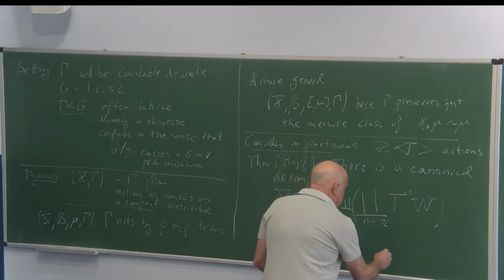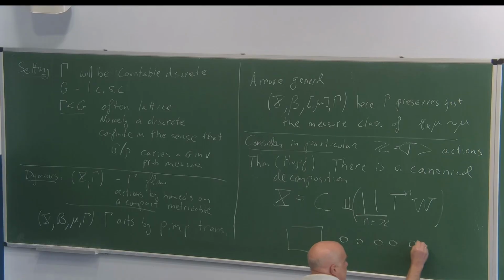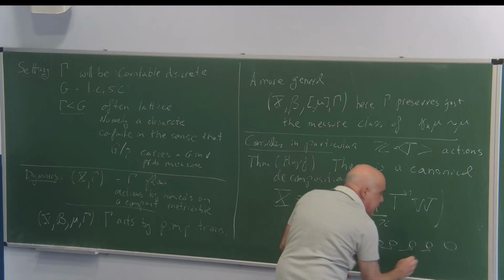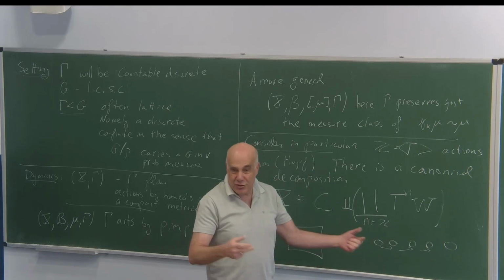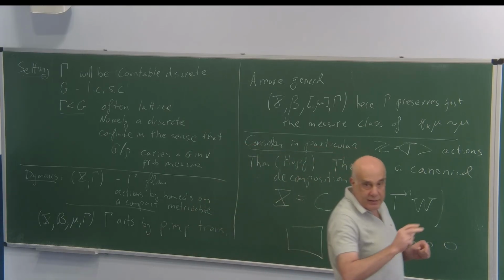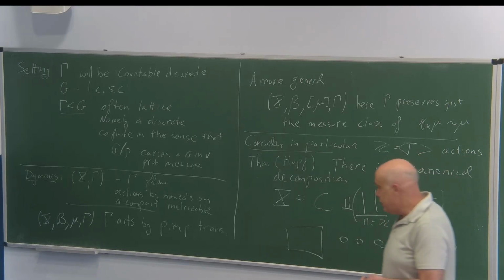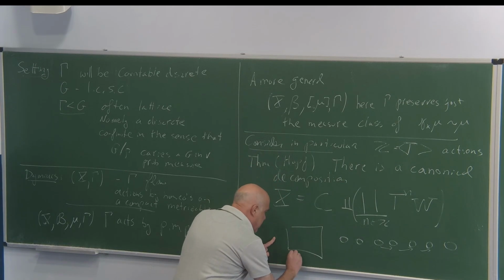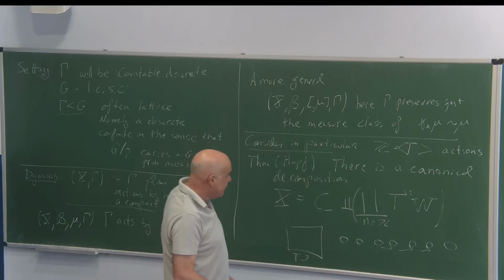You can imagine your space divided into two parts, and the wandering set is dynamically not very interesting. It's just the disjoint translates of some measurable set, and T just acts on them as a shift. And the action of T on the other part is called the conservative action.